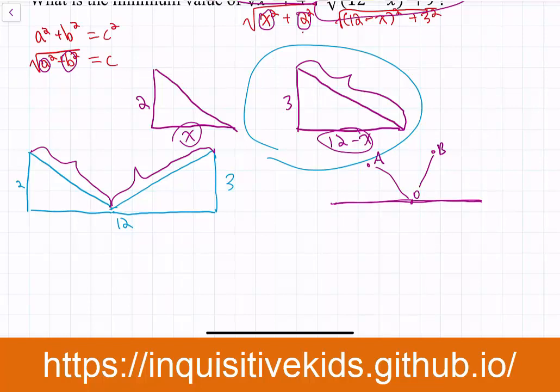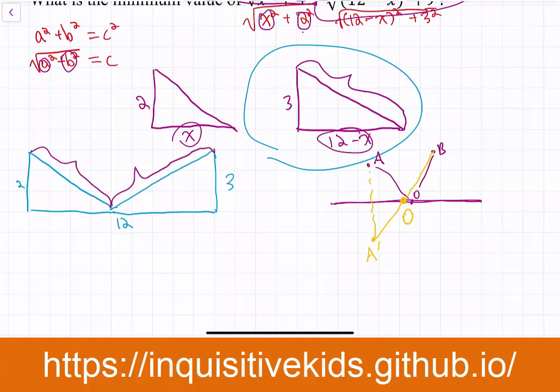So how we did these type of problems was we would reflect one of these points across the river to get A prime, let's say, and we're going to connect A prime and B to get where we were going to build the port. And now we could do the same thing for this problem.